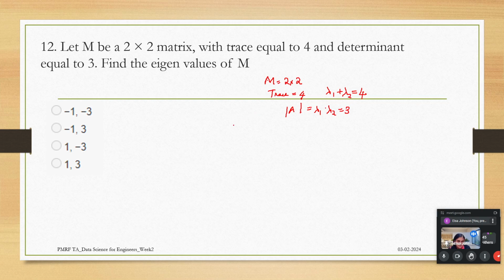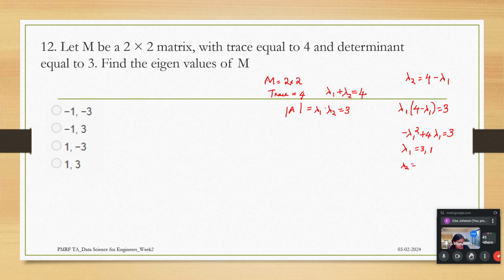So just solve for this. Lambda 2 you can take as 4 minus lambda 1, and if you substitute in this one, lambda 1 into (4 minus lambda 1) equals 3. So it will be minus lambda 1 squared plus 4 lambda 1 equals 3, and the answer will be lambda 1 equal to 3 or 1.